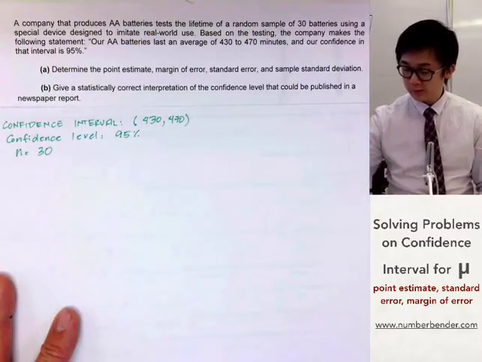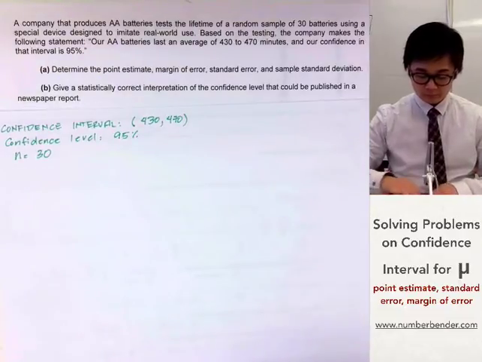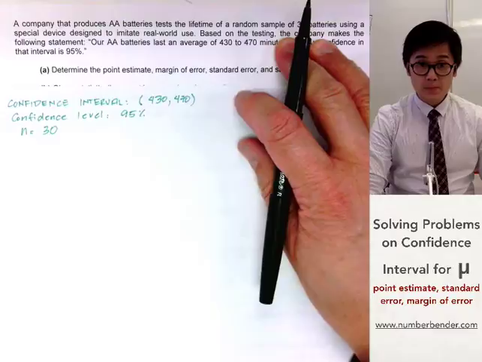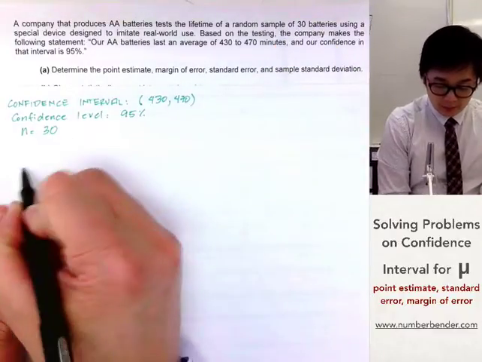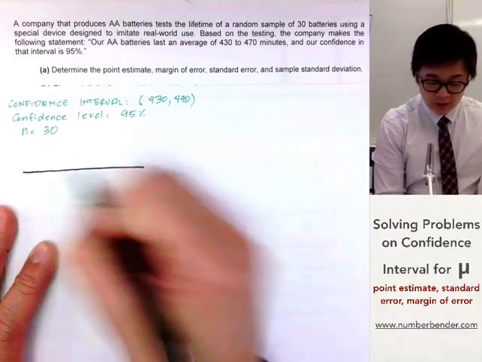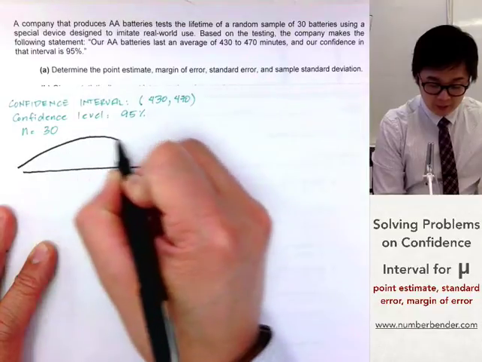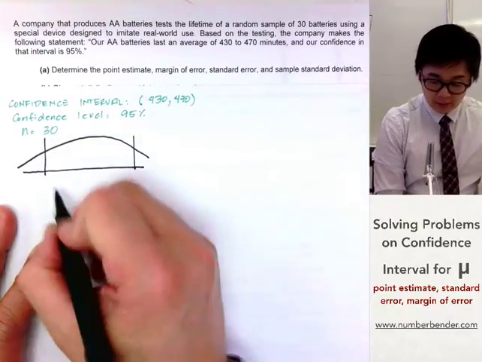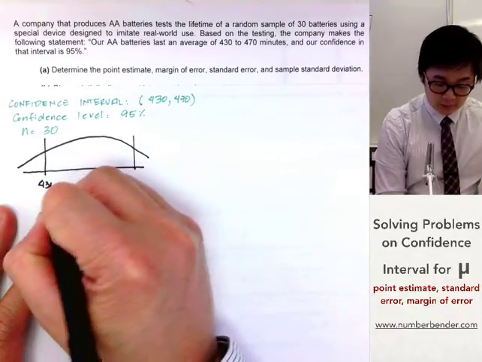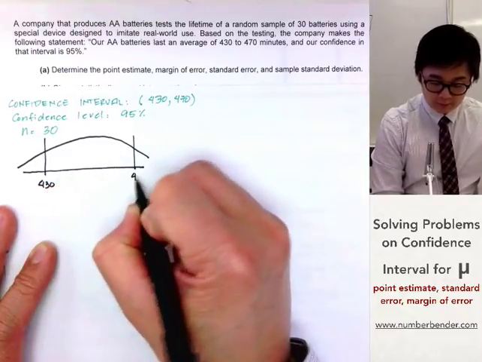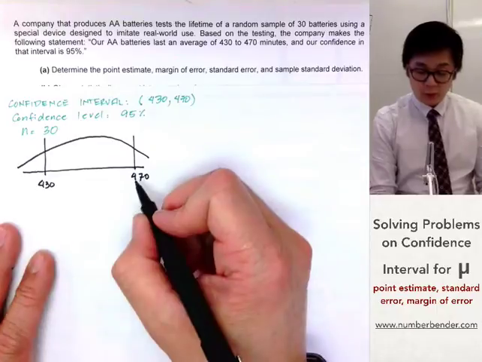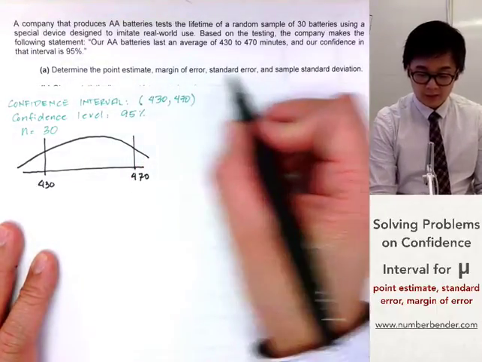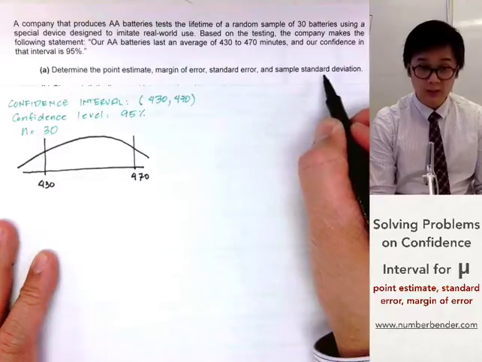So in this visual, if we have a normally distributed sample of 30, the confidence interval is given by 430 and 470. And we're going to find the point estimate, margin of error, standard error, and sample standard deviation.